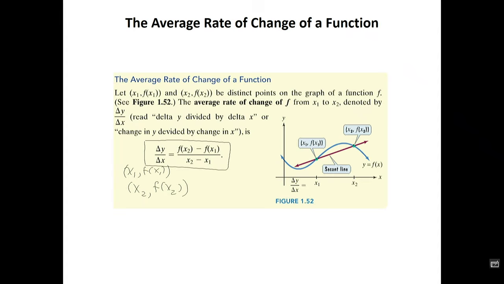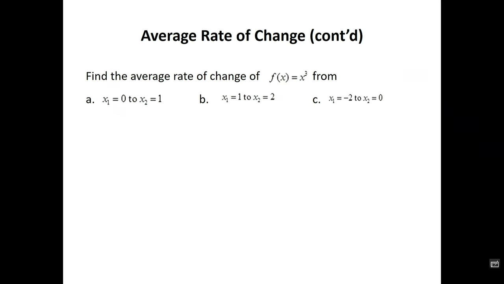Let's look at an example. We have to find the average rate of change of a particular function from, say, x1 is equal to 0 to x2, which is 1. So from 0 to 1. I want to find the average rate of change of the function f as x changes from 0 to 1.